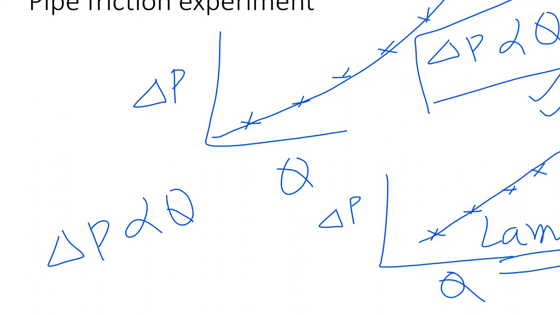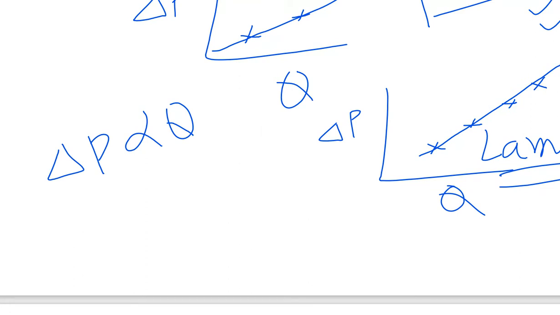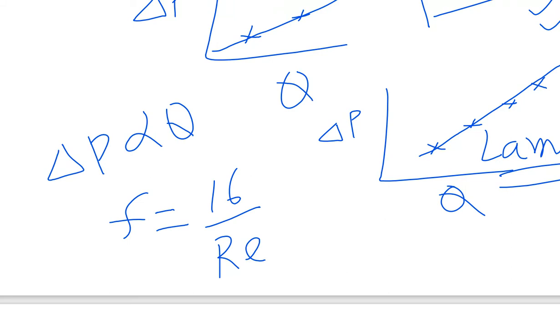Now, how can we get this relation? In laminar, we have exact equations. So delta P versus Q, I am giving you an exercise. How can we relate delta P and Q, assuming everything else constant? We have two things. We have in laminar friction factor 16 over Re.